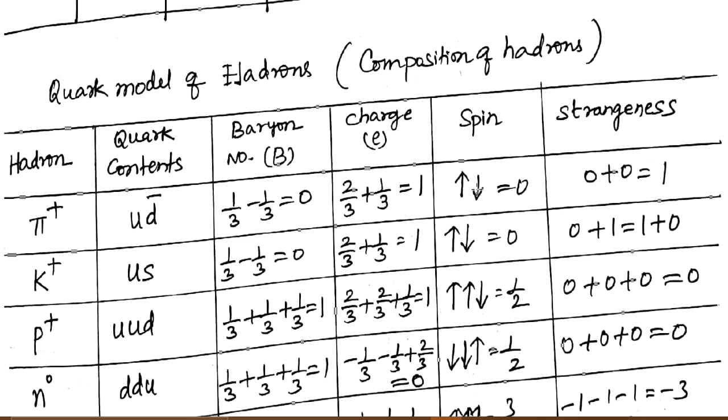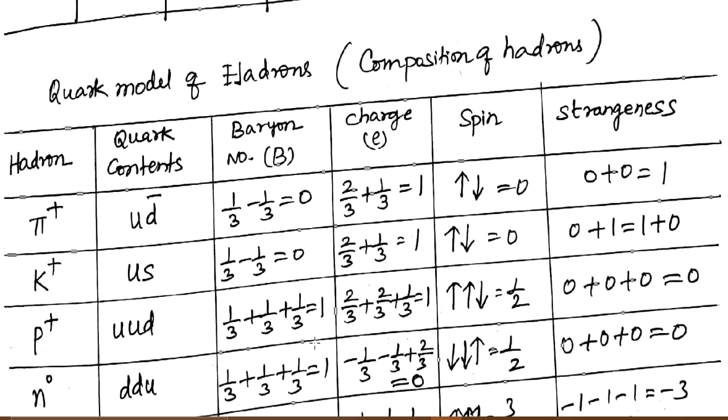Spin will be 1 up, 1 down, so the total is 0. Strangeness is 0 for the up quark and 0 for the anti-down quark, 0 plus 0, it is 0.